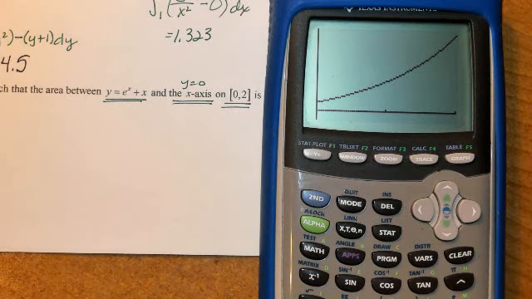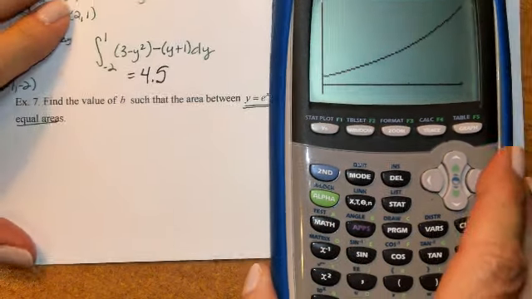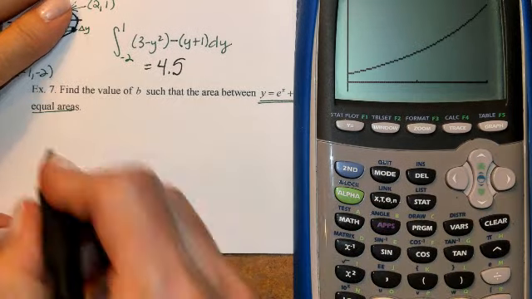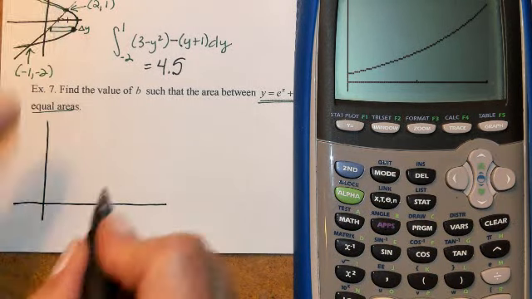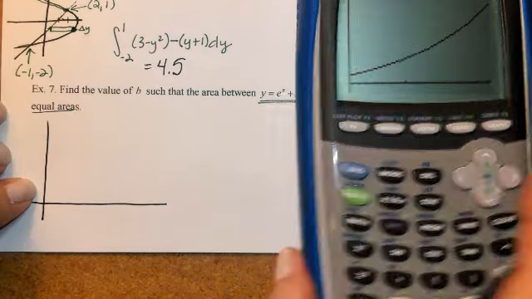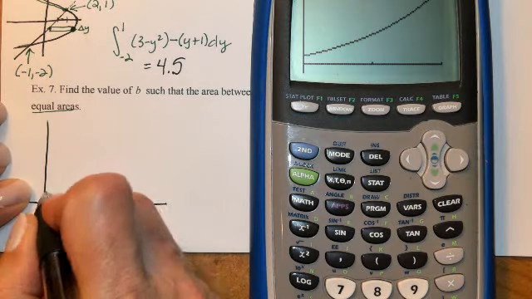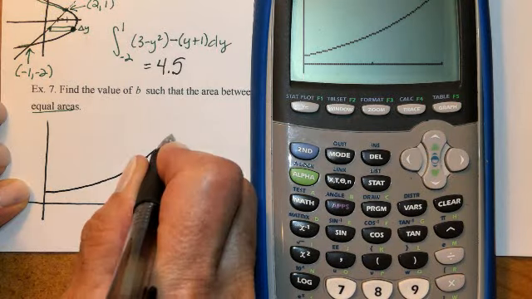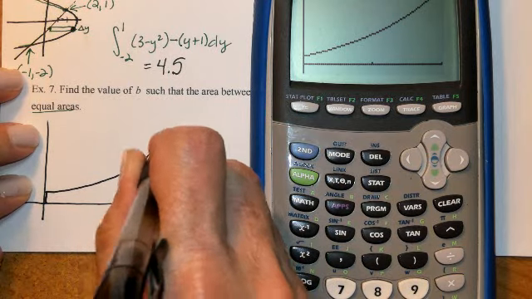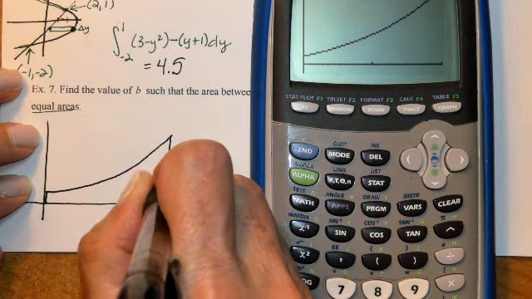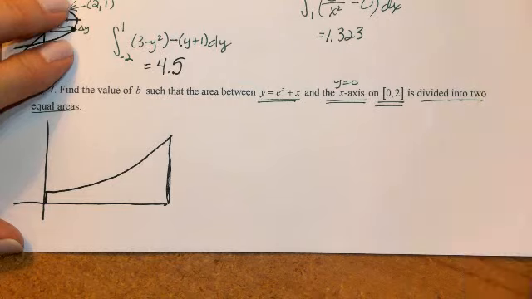So we have this region. I'm going to sketch it here so that we can draw on it. We have this region in between 0 and 2, right? And in between 0 and 2, this is what our region looks like, right?